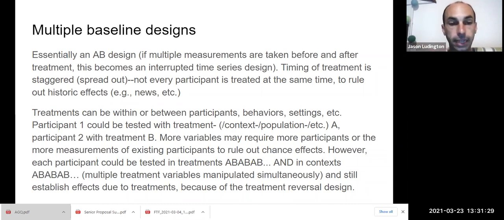So we have daily testing and we have therapy once a week. Condition A is no therapy. Condition B is therapy. So we can test cognitive behavioral therapy on smoking cessation. That means not smoking anymore.